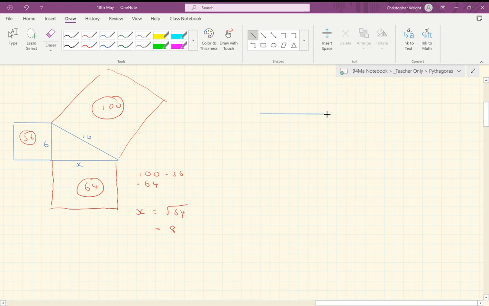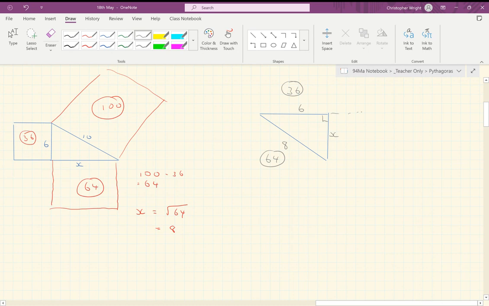So in this one, again, I'll tell you what the hypotenuse is and one of the other two sides. So let's have a hypotenuse of 8, and let's have this side this time being 6, and that's unknown. Right, this is the right angle, so the 8 is the hypotenuse. The 8 is the bigger one, isn't it? 8 times 8 is 64, and this one here, 6 times 6 is 36.